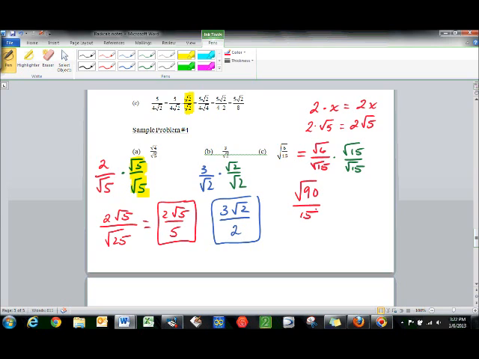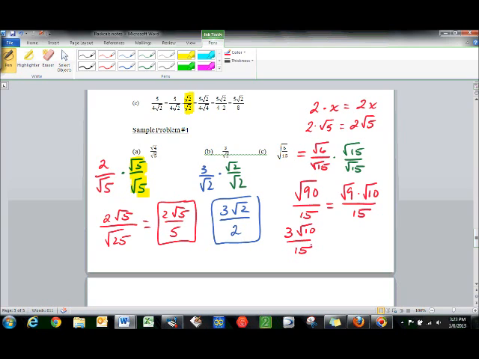We've eliminated the radical on the bottom through rationalization, but we now have a situation where we have to simplify the radical 90. So this is going to break up into the square root of 9 times the square root of 10 all over 15, which is going to give us 3 square roots of 10 over 15.